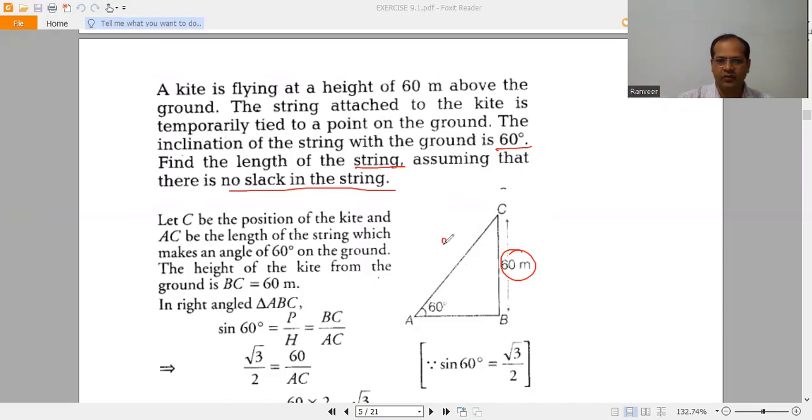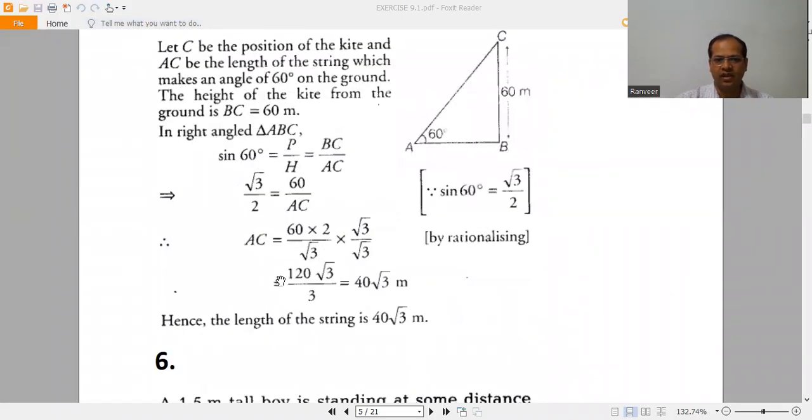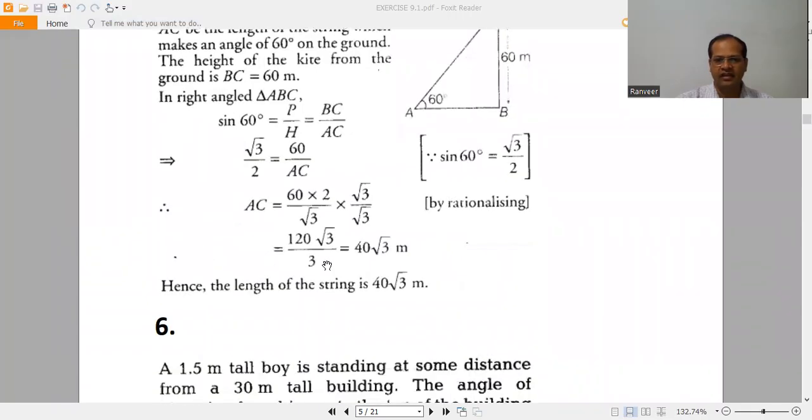Now we have to find AC. This is given as 60 meter. So we can write sine 60 degree is 60 divided by AC. We substitute the sine 60 value and find AC after calculation. We got 60 into 2 by root 3, and after rationalizing we get 40 root 3 meter.